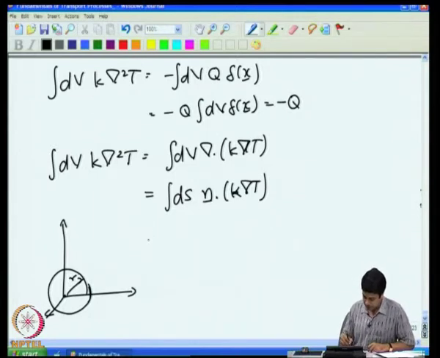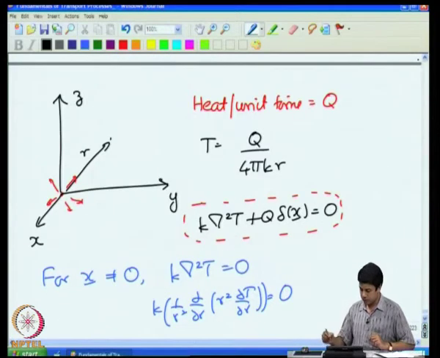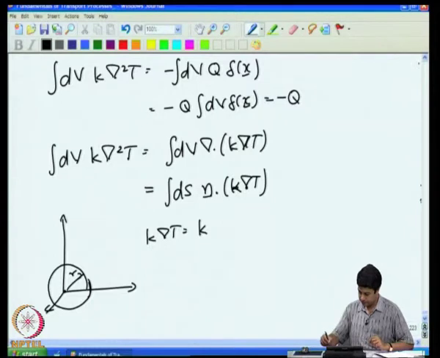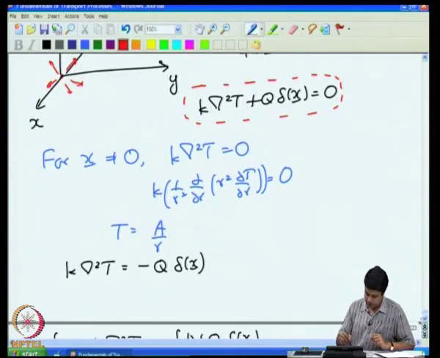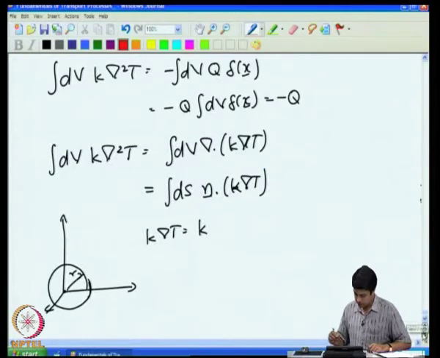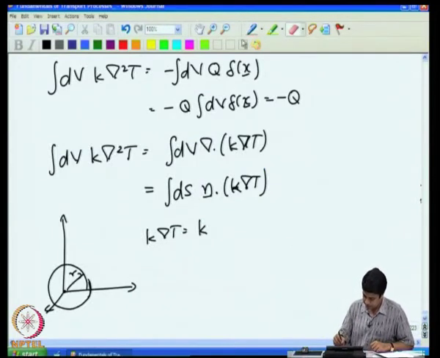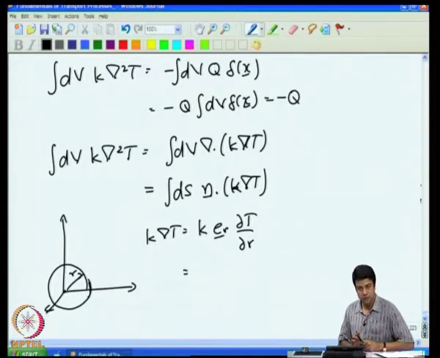In this case, there is only a variation of the temperature with respect to the radial direction, with T equal to A divided by R. Therefore, K grad T I can write as K times the unit vector in the radial direction times dT by dr, which gives minus K e_r A by R square.